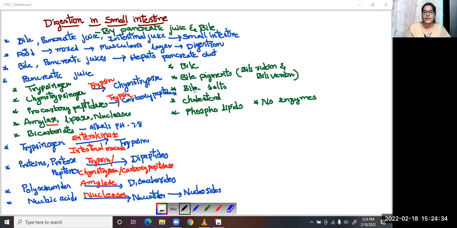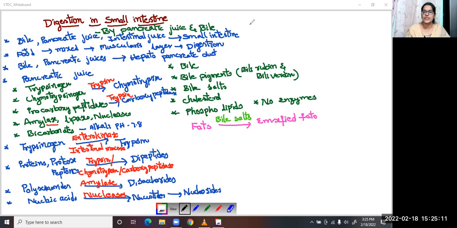Now, bile salts emulsify the fats and break them into smaller micelles. So this reaction happens in the presence of bile salts.